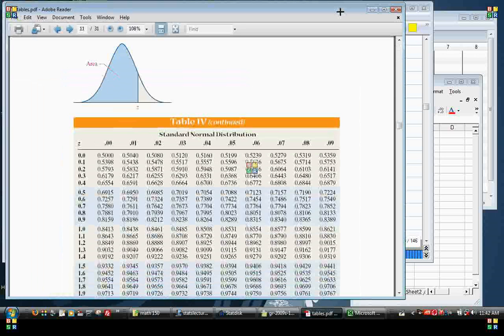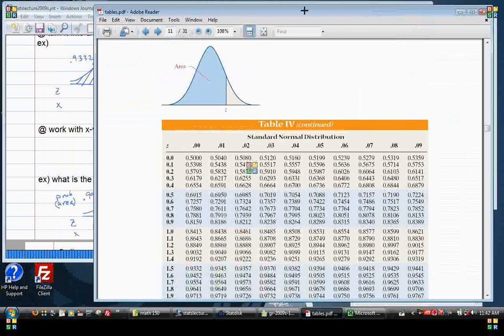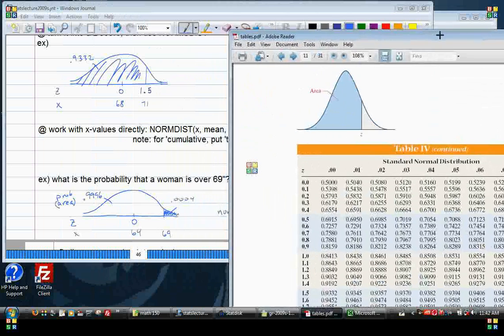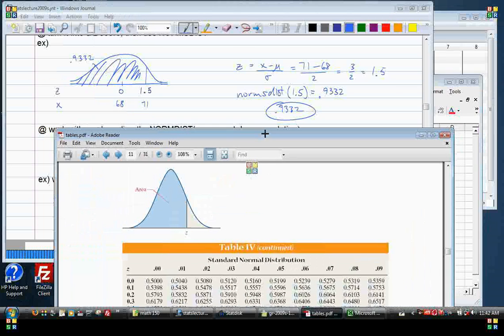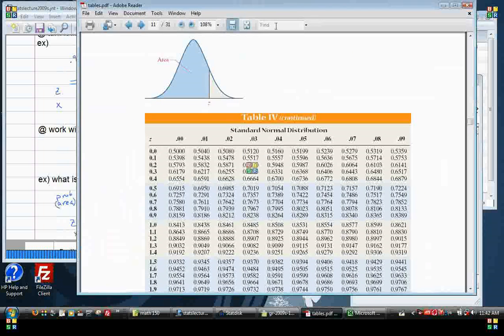So notice that in the last problem, what was our z-score? Oh, I'm sorry, right. The last z-score we found was 1.5. So let's find that on the chart. Here's how you do it. The z-score is on the outside of the table. So how do we find 1.5? We have to be a little careful. This table lists z-scores to 2 decimal places.